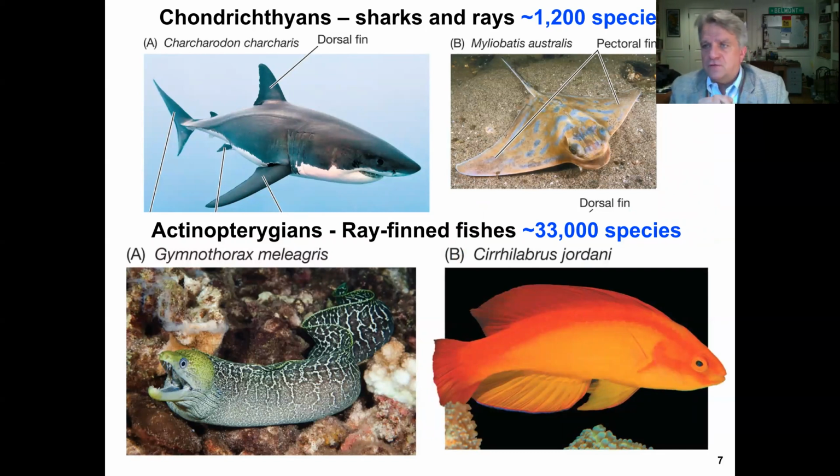So let's start looking at some of the fish groups. So the chondrichthyes, the sharks, skates, and rays, there's about 1,200 species of those. Then most of what we think of as fishes are the ray fin fishes or the actinopterygians, really diverse in marine and freshwater habitats, very morphologically and ecologically diverse as well. And there's about 33,000 species of ray fin fishes.